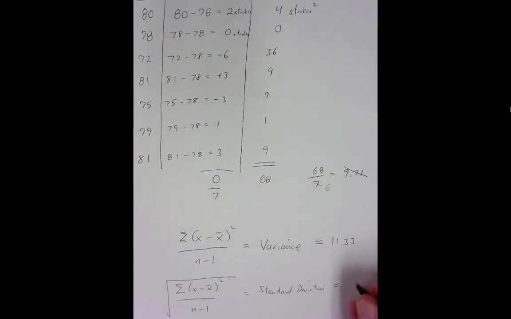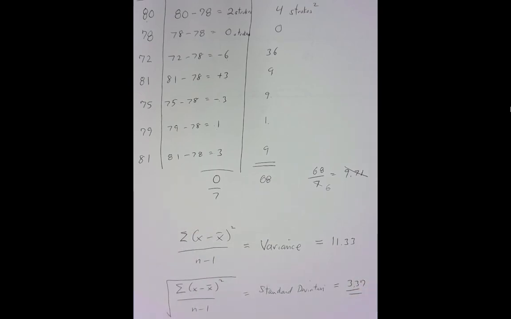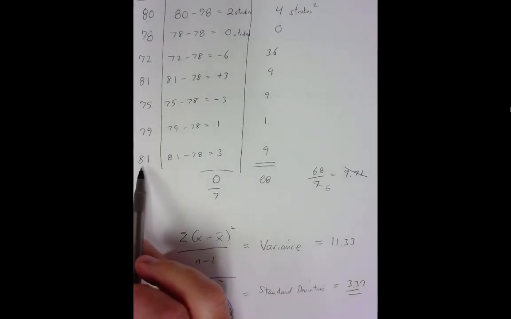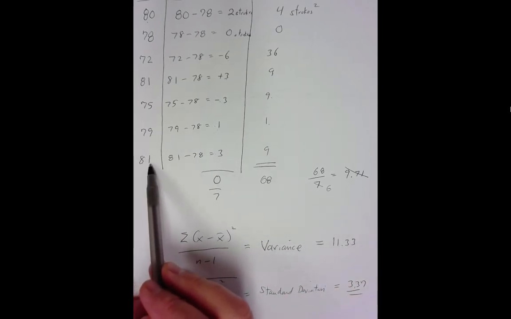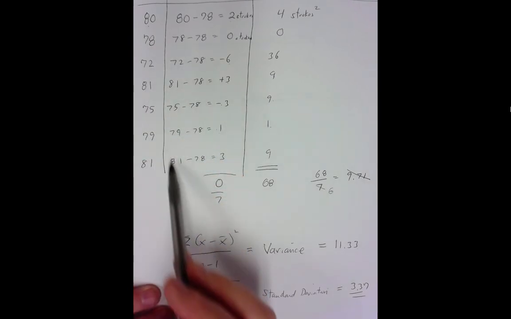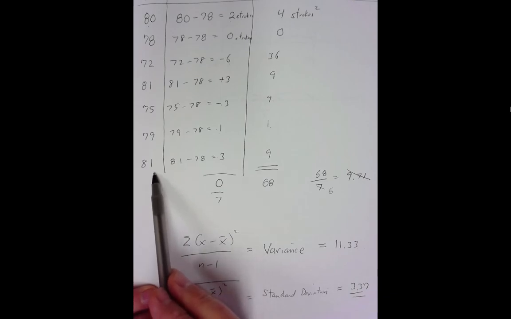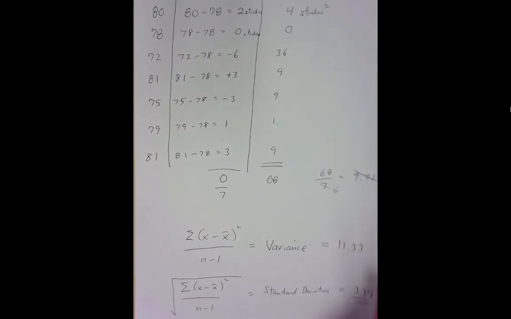So 3.37. Now, we had a small manageable data set. I mean, this was still kind of a nightmare for some of you, probably. But can you imagine having like 760 measurements, 760 golf scores, and trying to do this? Well, you wouldn't. You would use technology.